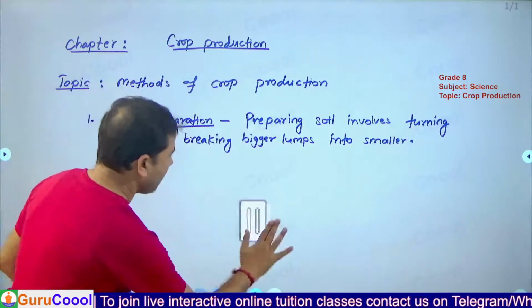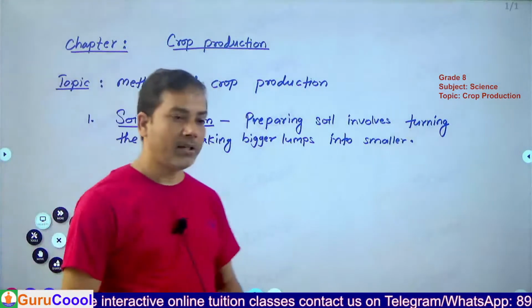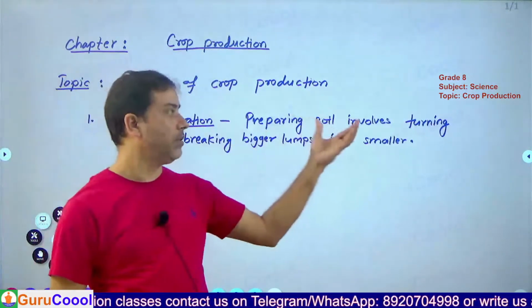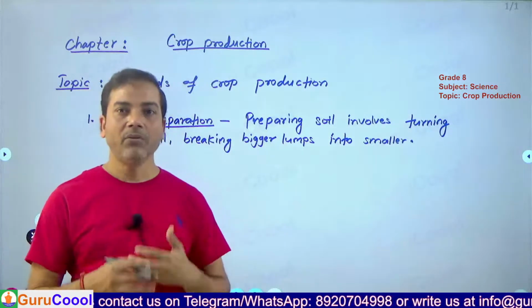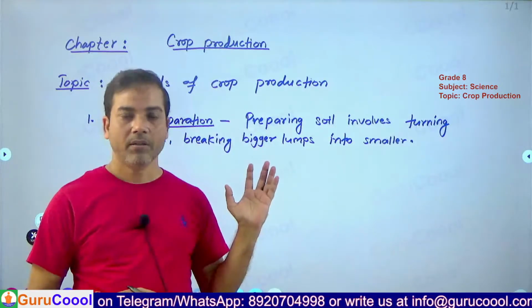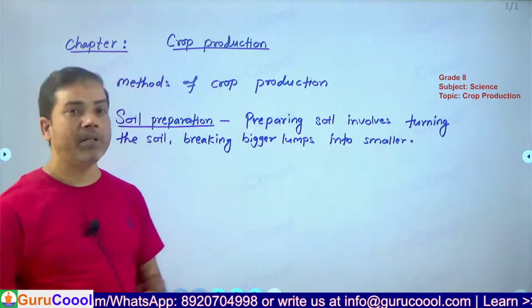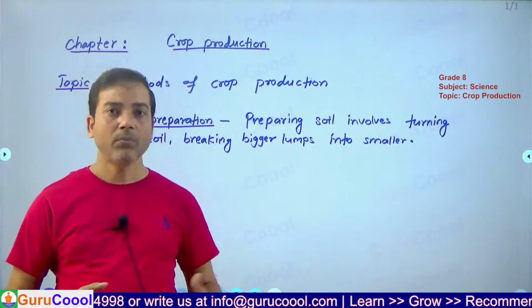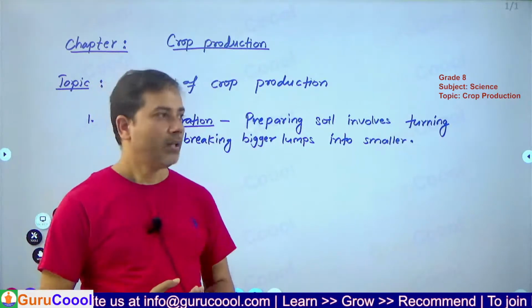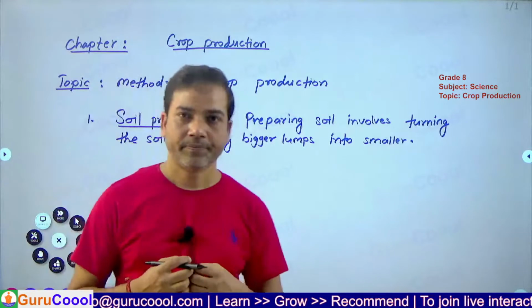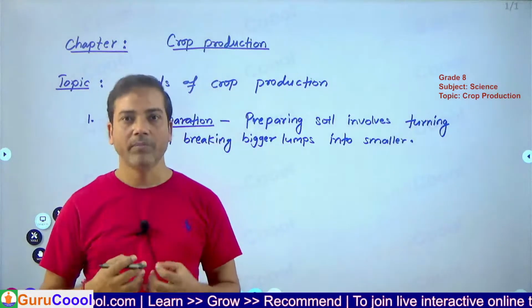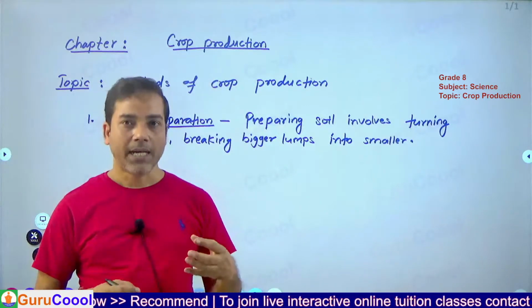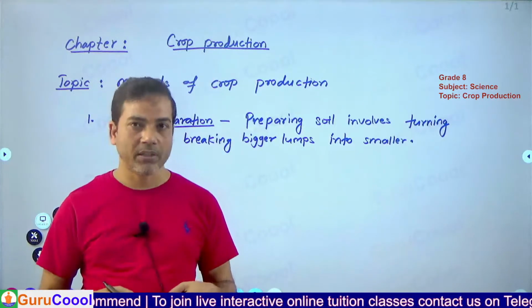So this is important. But how is that done? Now the next question is, if soil preparation means these things, how can we do this? See, this step can be done manually or by using some machine. How manually? A person, a man or woman, will take some tools used to dig the soil.